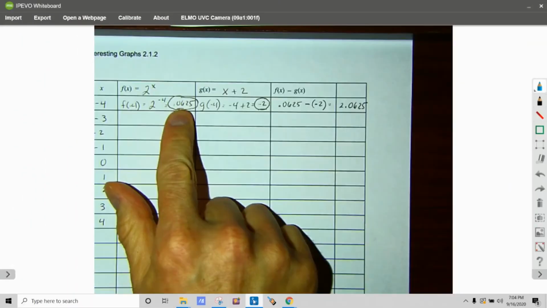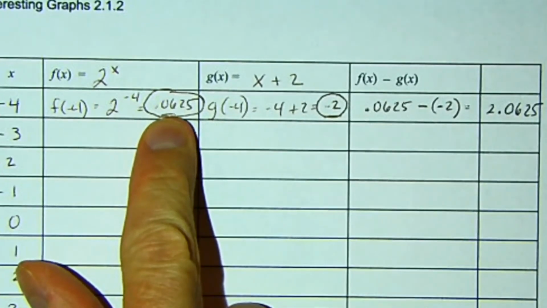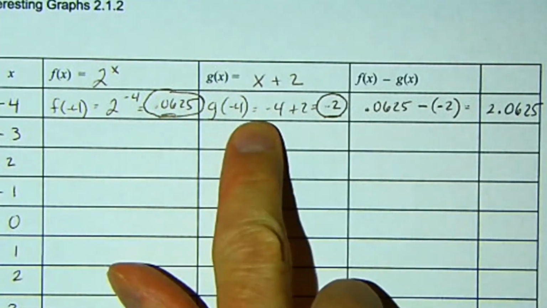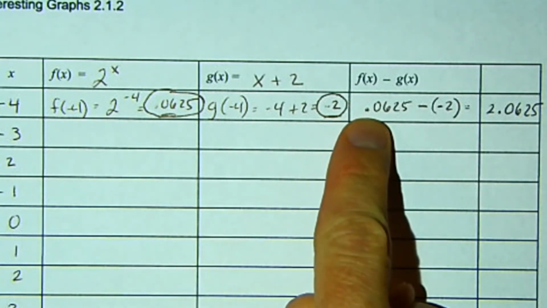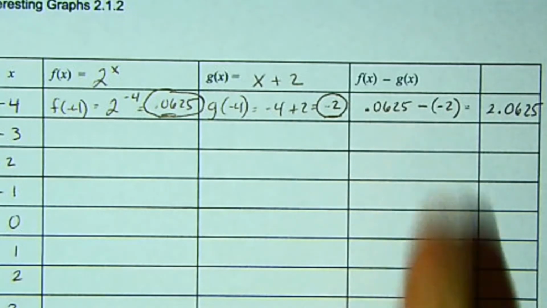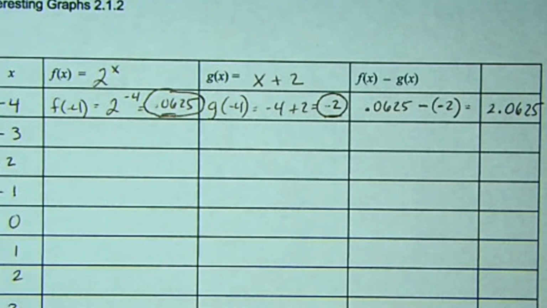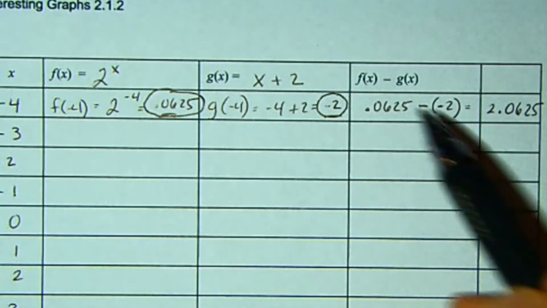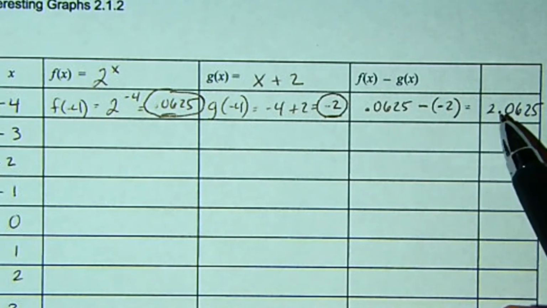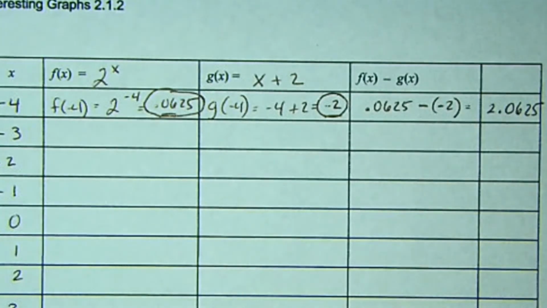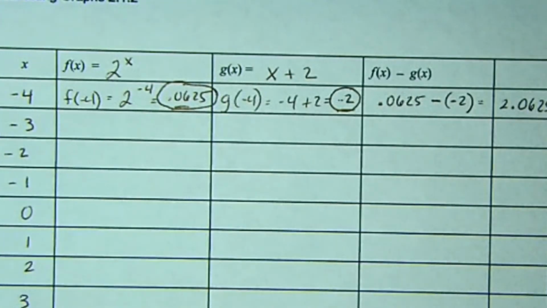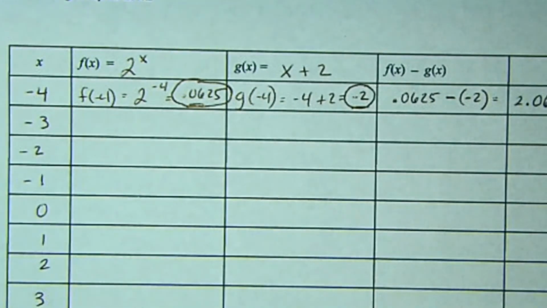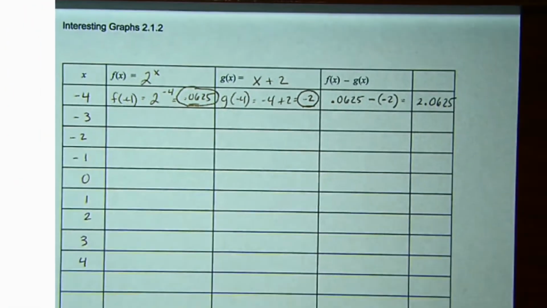It's up to you. 2 to the negative 4th power, my calculator comes out to 0.0625. Negative 4 plus 2 is negative 2. And then when I go f of x minus g of x, I'm going to get 0.0625 minus negative 2, which is really plus 2. So I'm going to get 2.0625. I'm going to repeat the process for negative 3, negative 2, negative 1, 0.